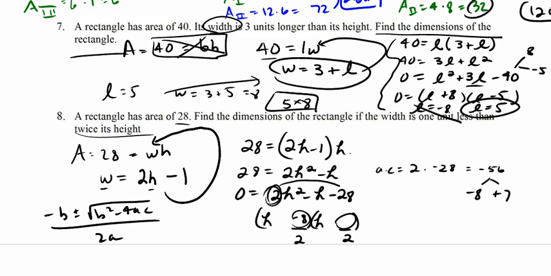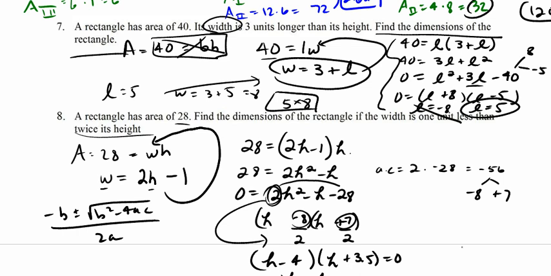So you put the minus 8 and the positive 7 in where you normally would, but I do have to add this 2 and divide those numbers. So I get h minus 4, or 7 over 2 is 3.5. And we set those equal to 0.